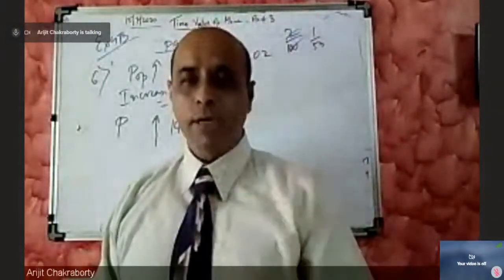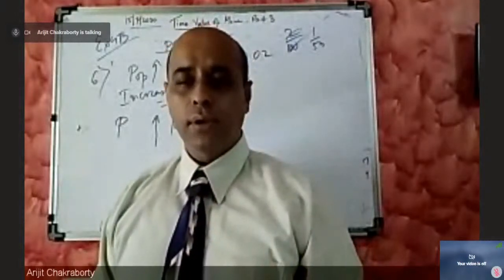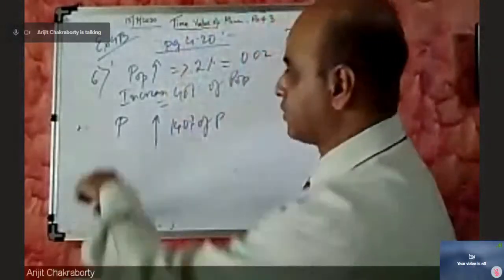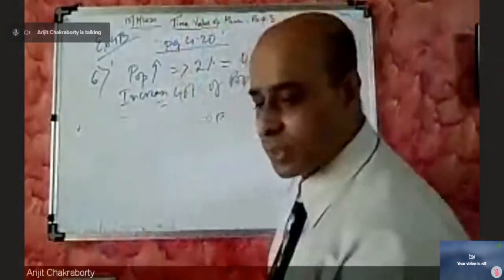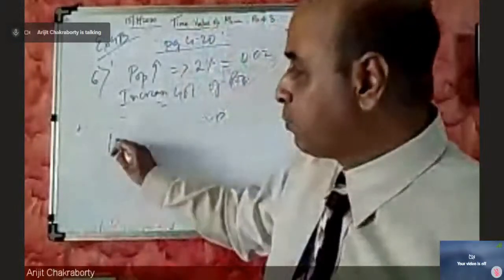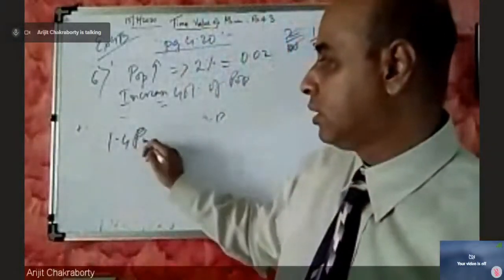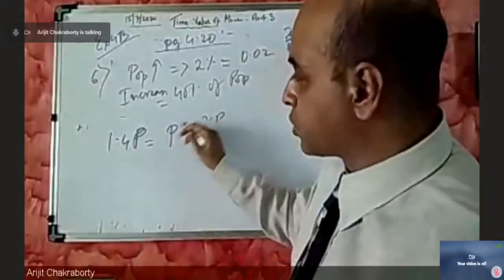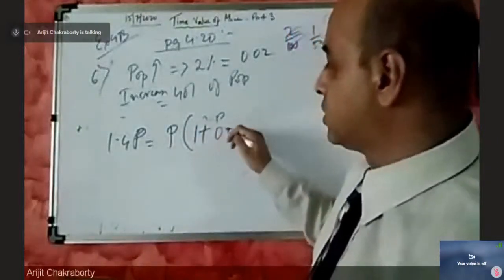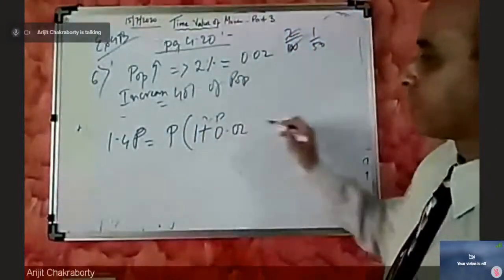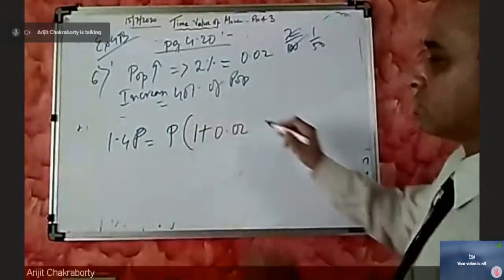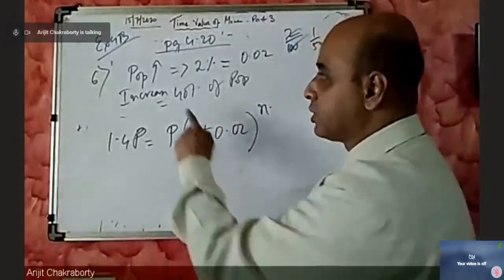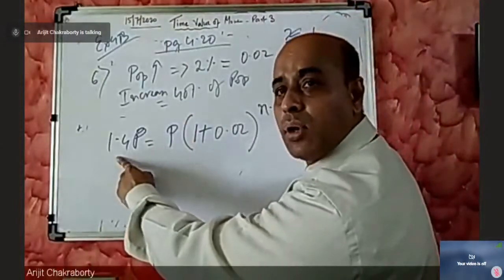Right? 200% is 2 times. 140% is 1.4 times. Therefore, the equation is like this. 1.4P, the increased population, is equal to the original population multiplied by 1 plus 0.02, to the power n. n will be the number of years after which the original population will become 140%.